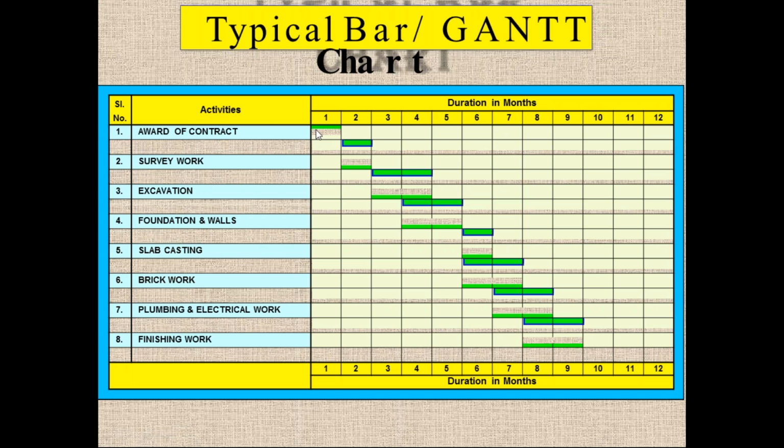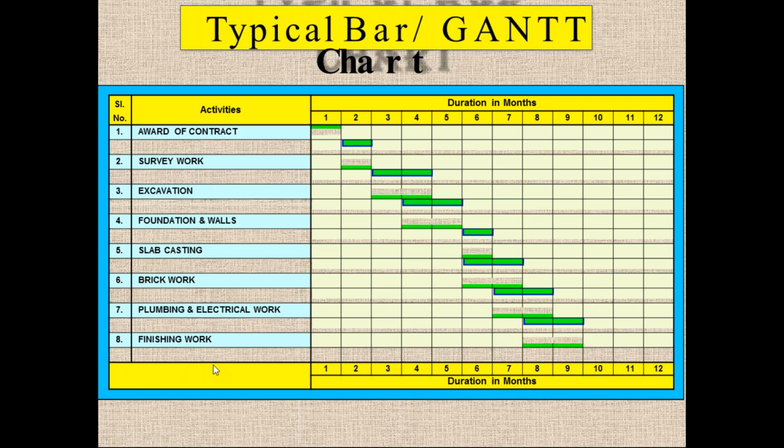You can see over here on the x-axis is the duration in months, and on the y-axis we can see the various activities. After awarding of the contract, the survey of the work can start. It will take 1 month, then again it can take the next month. Like this, we can develop the bar chart or a typical Gantt chart.